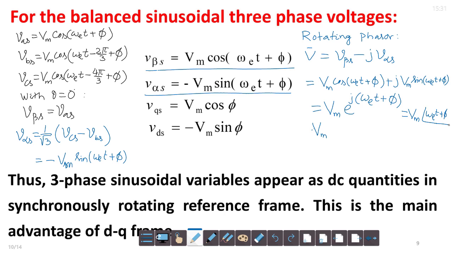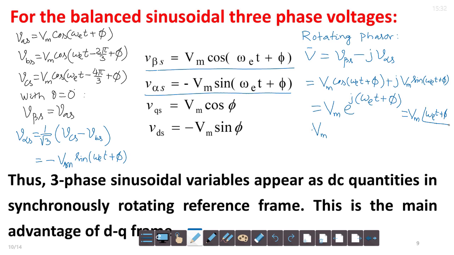The 3 phase voltages now transform to 2 phase voltages. Instead of having 3 equations, one each for Vas, Vbs, Vcs, the number of equations required is now 2, only for V alpha s and V beta s. So, first, the number of equations reduces from 3 to 2, so the equations become fewer and easier to handle.